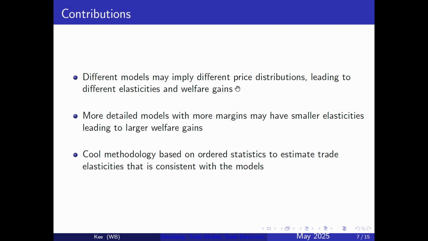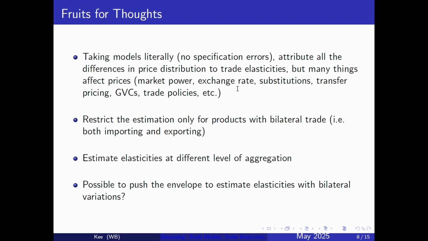And they have a very cool methodology to guide us through how to use order statistics to estimate all these models. So first of all, it's my job, I have to say something. This theory-based literature takes the model really literally. You fit everything according to the model specifications.